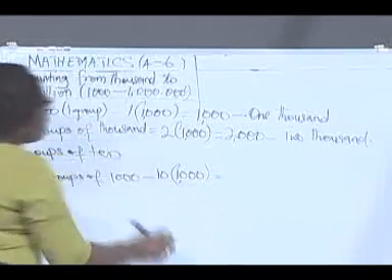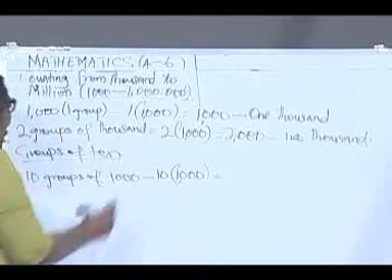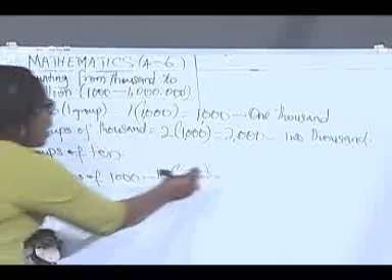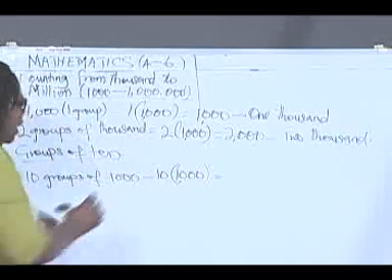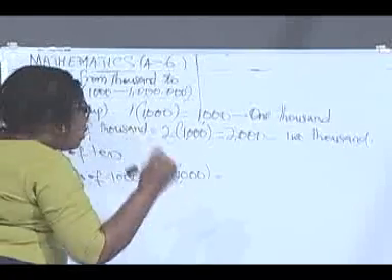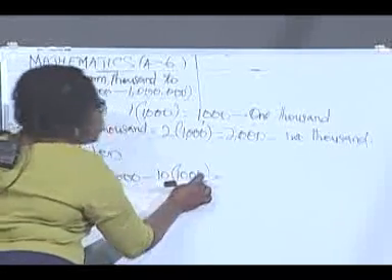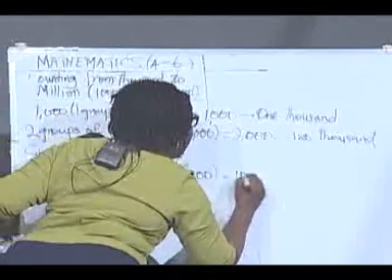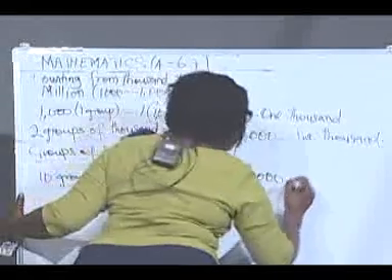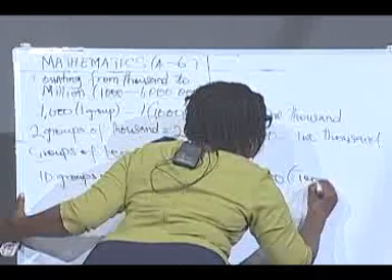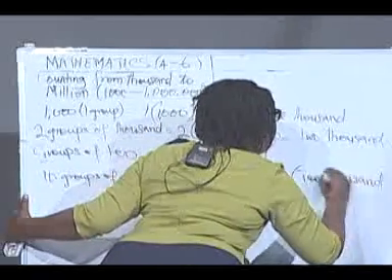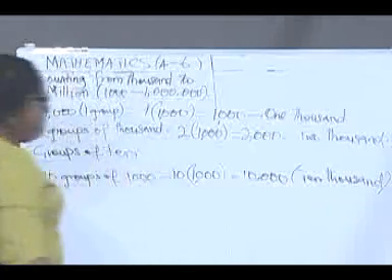When you multiply out this 10 groups, 1,000 into 10, that will give us 10,000, written in words as ten thousand. Okay? Good.